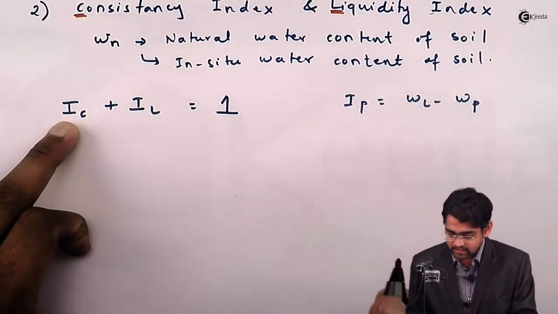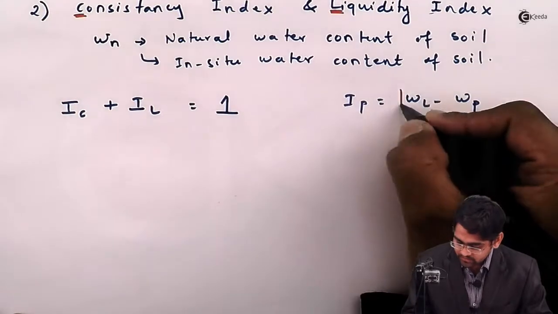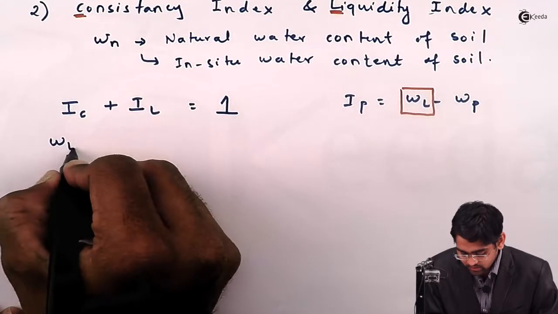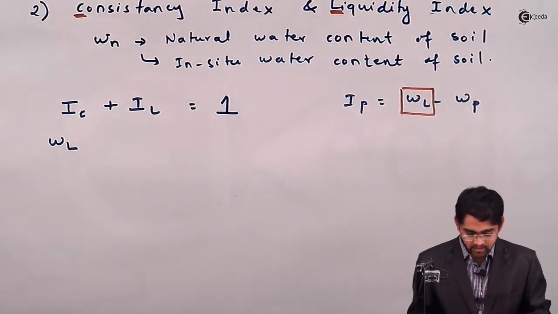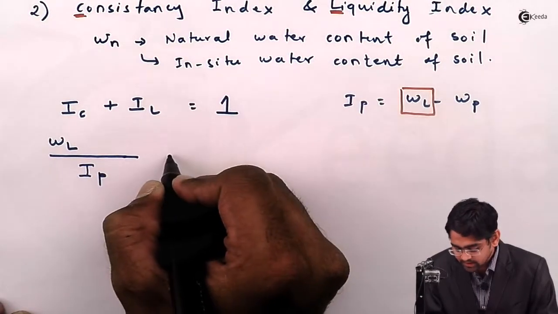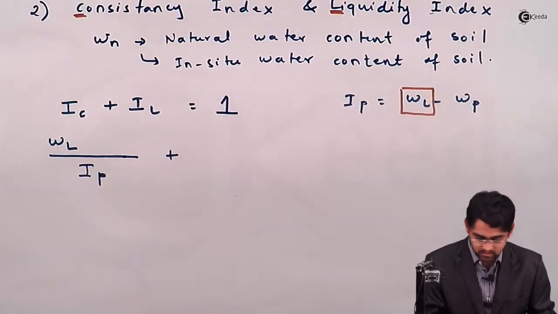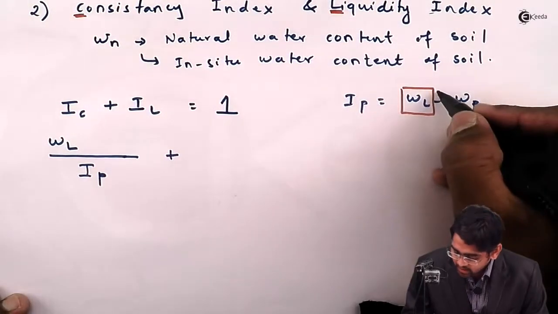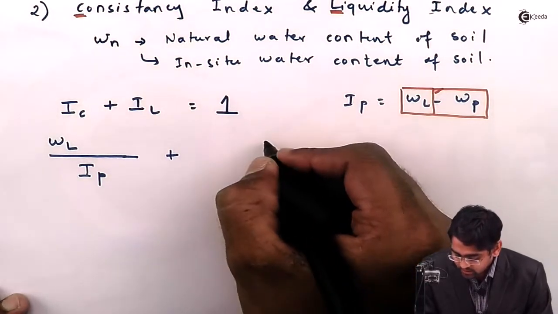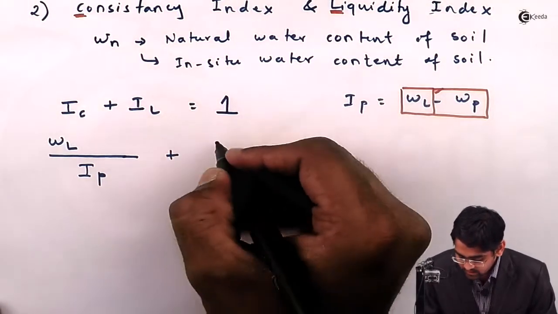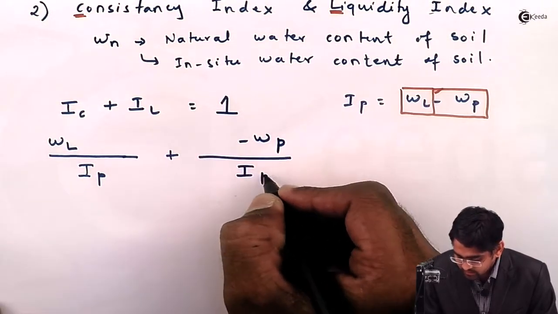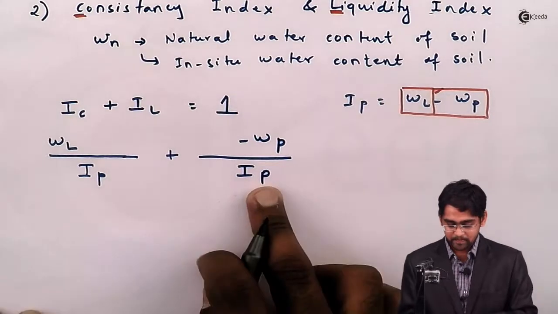For consistency index, I'll pick up the first term, liquid limit, and place it over here, and I will divide by IP. Similarly, for liquidity index, I'll pick the term minus WP, write it over here, and again divide it by the term IP.